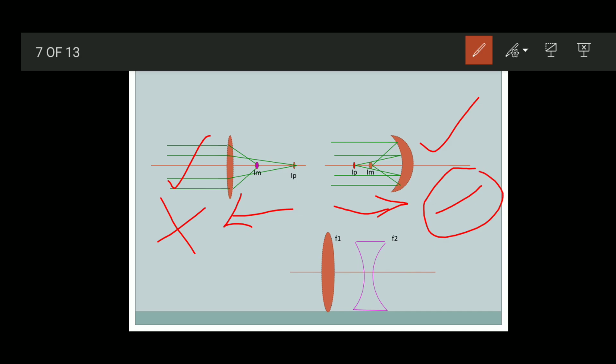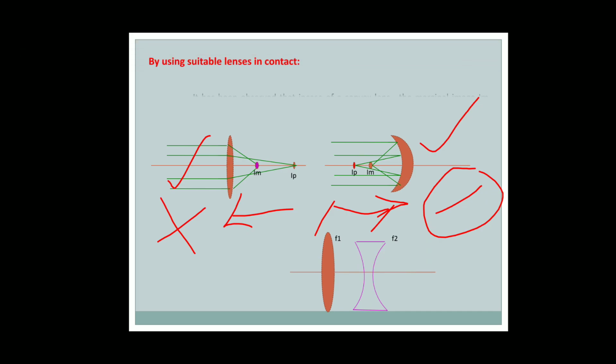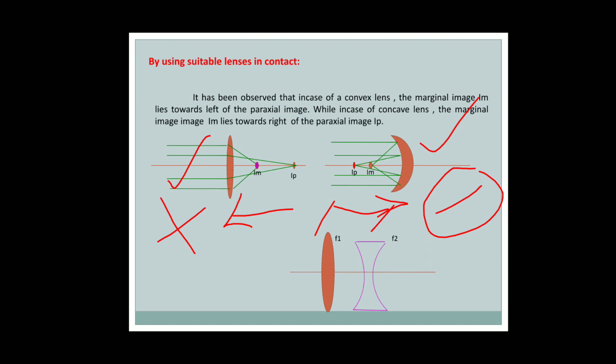So the combination of the convex lens and concave lens can minimize the spherical aberration. It has been observed that in a convex lens, the marginal ray image IM lies towards the left of the paraxial image, while in a concave lens, the marginal image IM lies towards the right of the paraxial image IP. So this suitable combination of two lenses minimizes the spherical aberration.